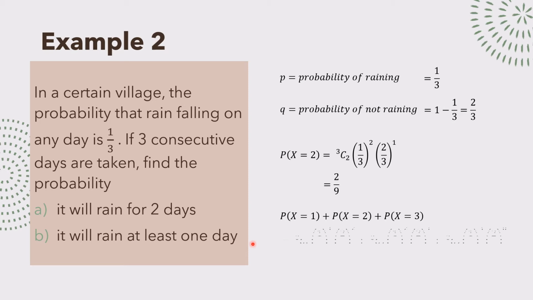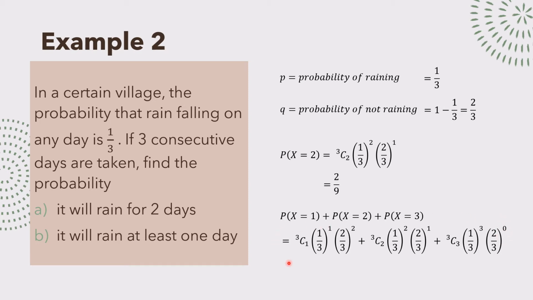For P(X equal to 1), it is 3C1 times 1 over 3 power of 1 times 2 over 3 power of 2, plus 3C2 times 1 over 3 power of 2 times 2 over 3 power of 1, plus 3C3 times 1 over 3 power of 3 times 2 over 3 power of 0.